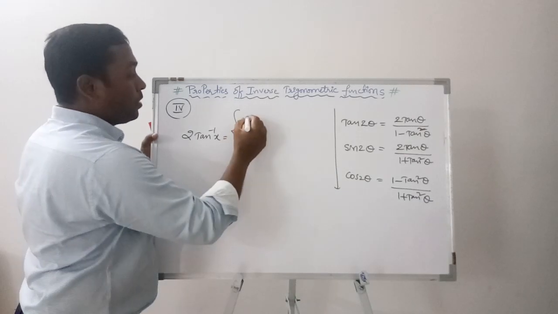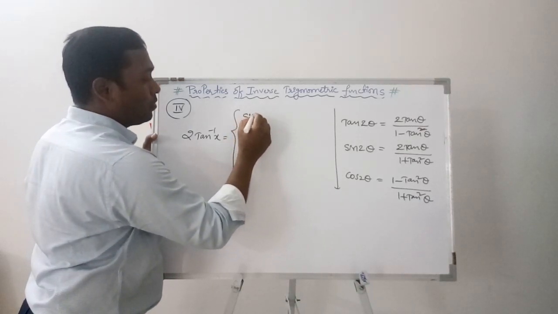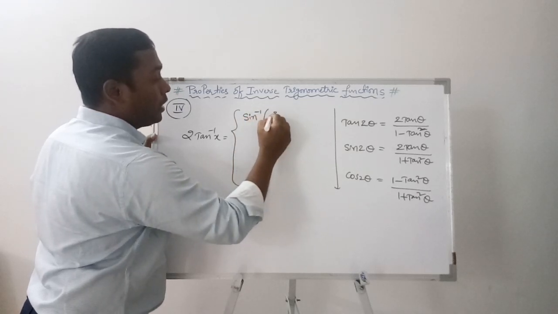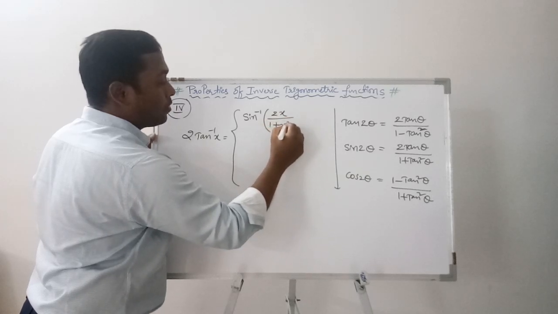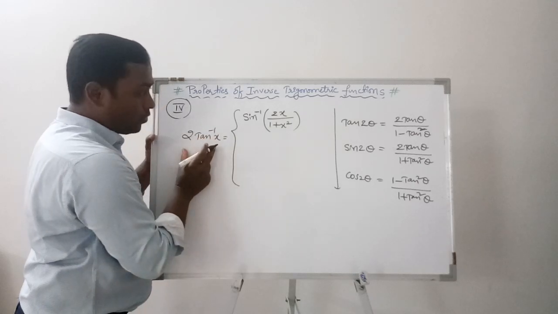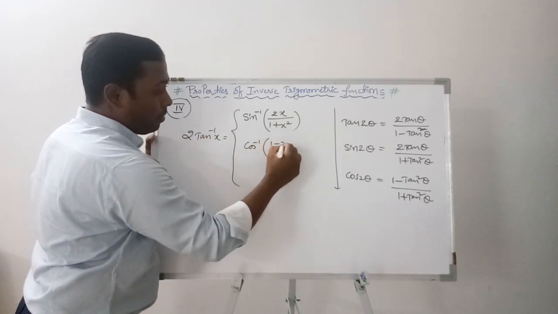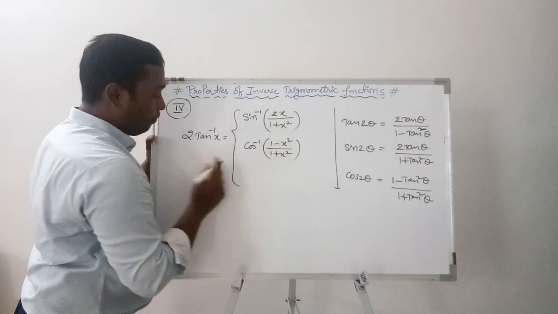So first I am expressing it in terms of sine. In terms of sine, it can be sine inverse of 2x upon 1 plus x square. In the same manner, I can also write the same inverse function in terms of cos inverse, simply by writing 1 minus x square by 1 plus x square.